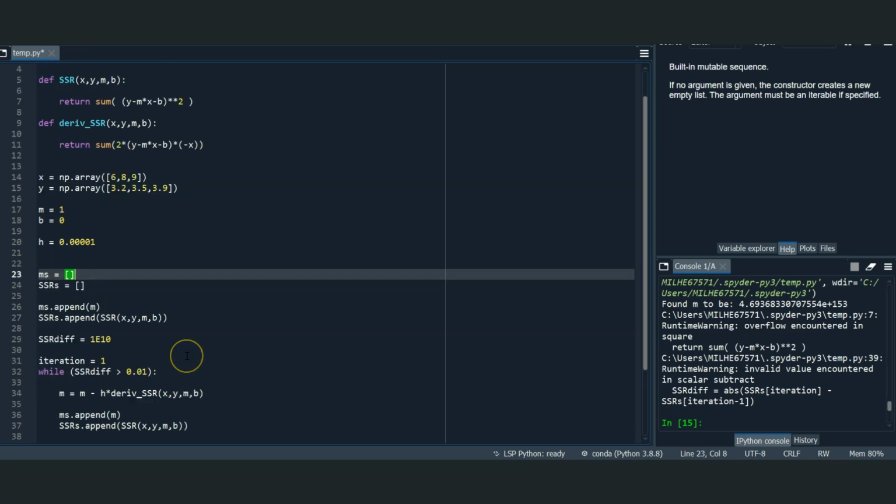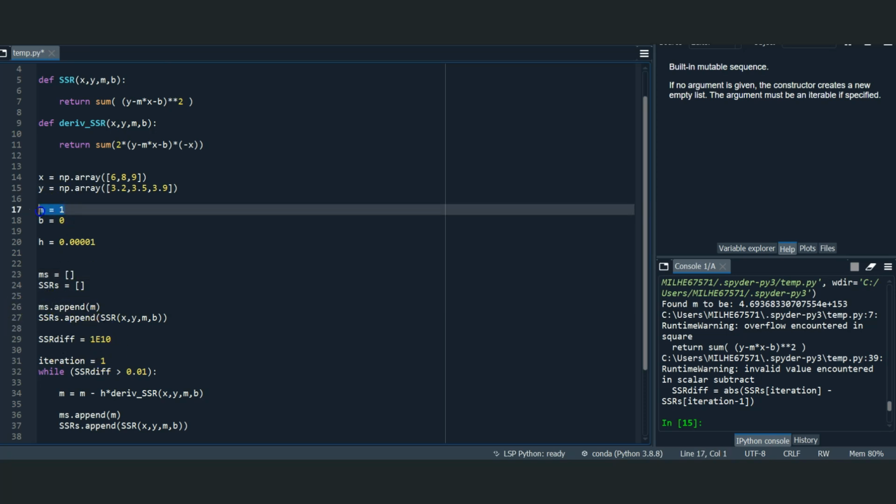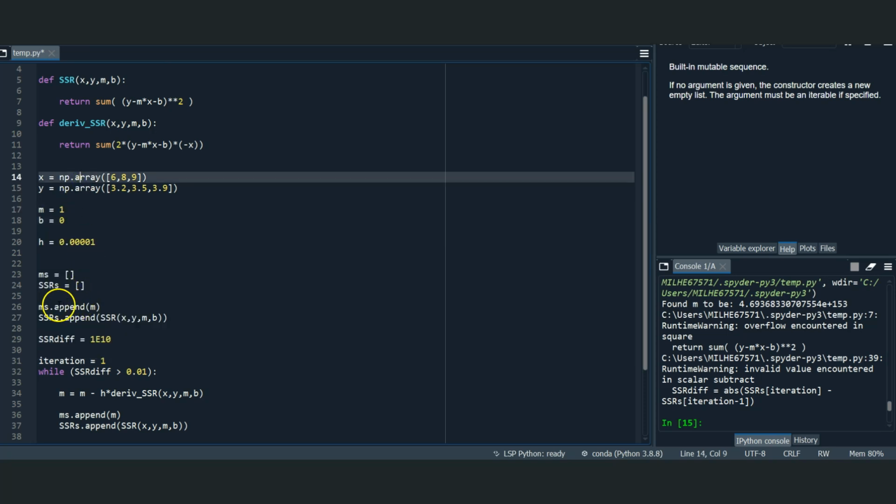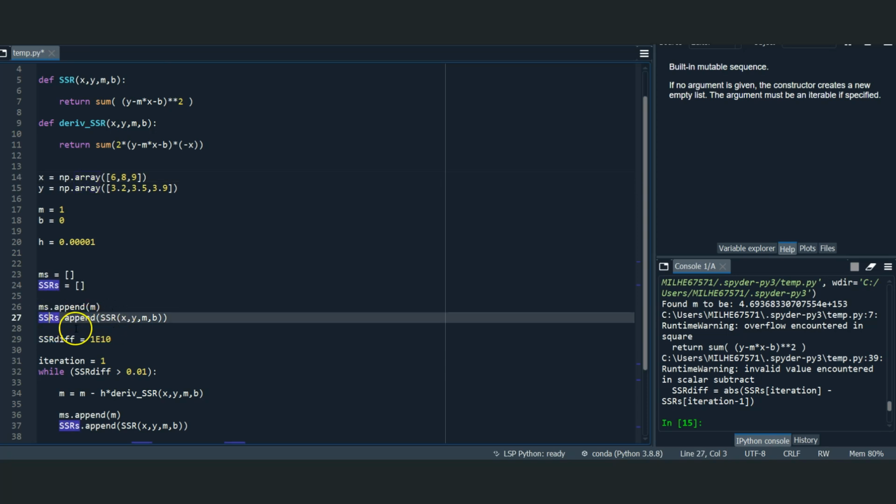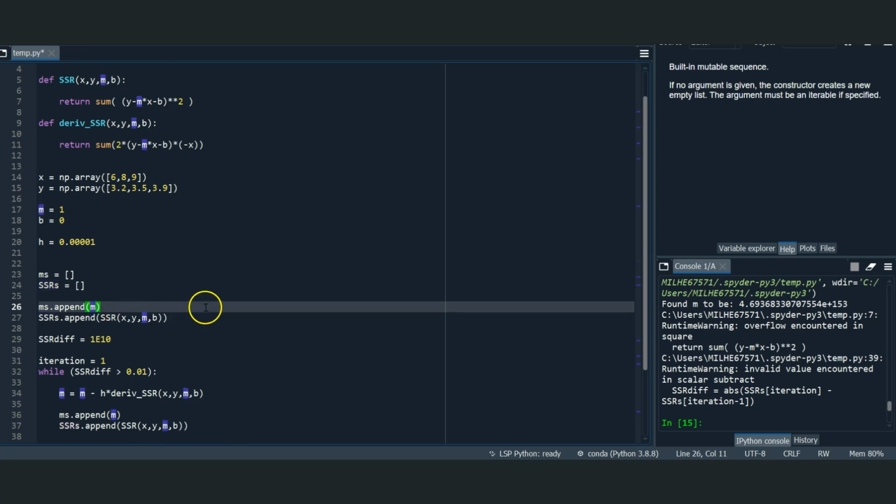And what we will do is take the current m, which is the initial one, and append it to the m's list, and then the SSRs will append the first SSR corresponding to that very first slope.